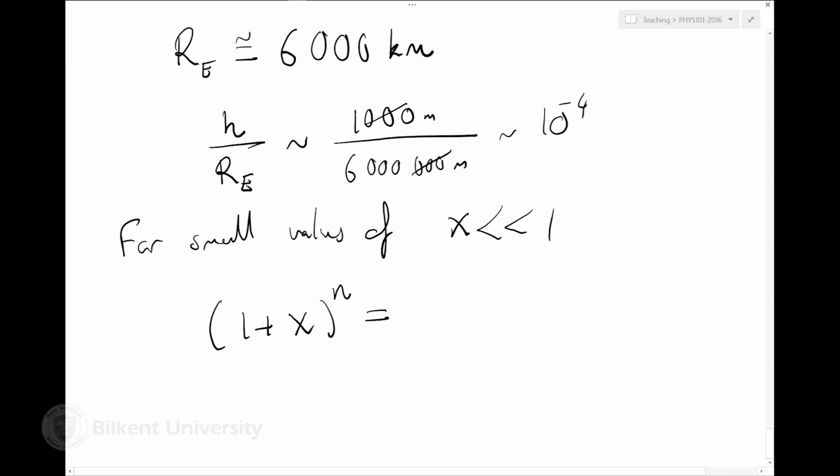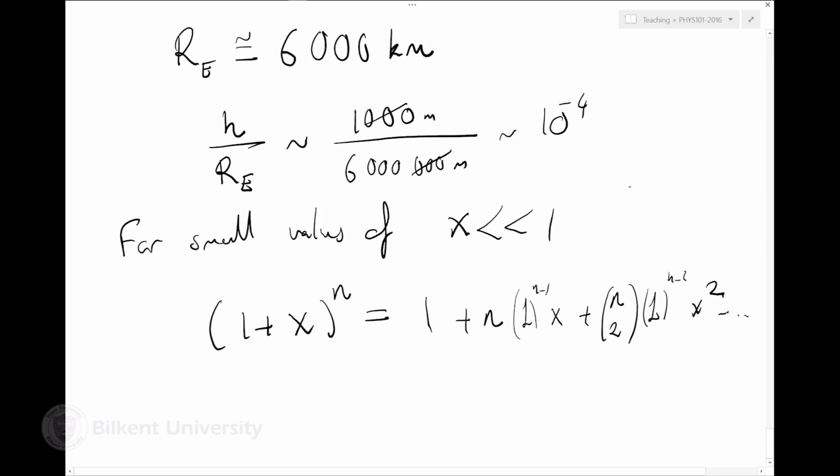Now, I know the binomial expansion. So the first term will be 1. The second term will be n times 1 to the n minus 1 times x. The third term will be n choose 2, 1 to the n minus 2, x squared. Now, if a number is much less than 1, which is more important, x squared or x?